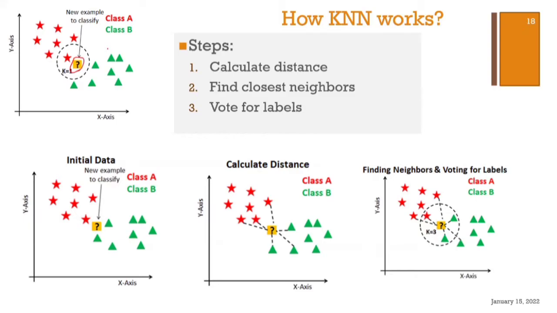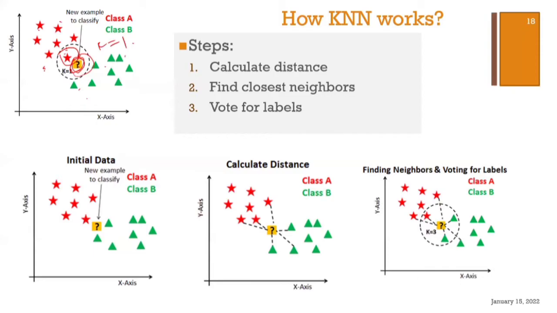We know the output of the training set. When you have a new unknown sample like this, we find the distance between that unknown sample and every training sample whose class we know. Which one is closer to this sample? We found out that this is the one. We are using K equal to 1 here, so we assign this unknown sample to class A.